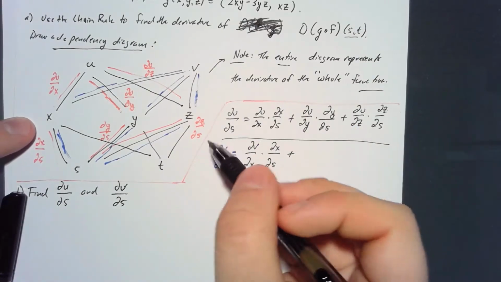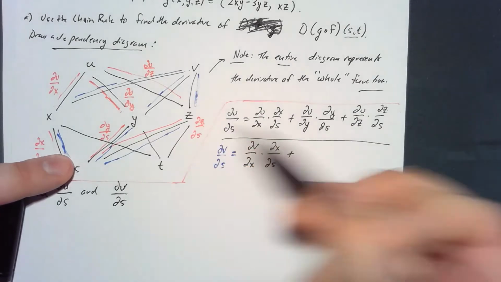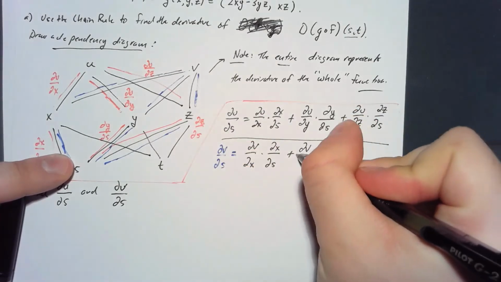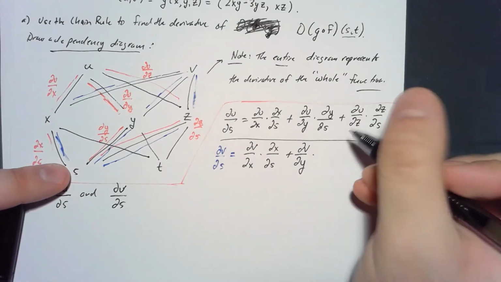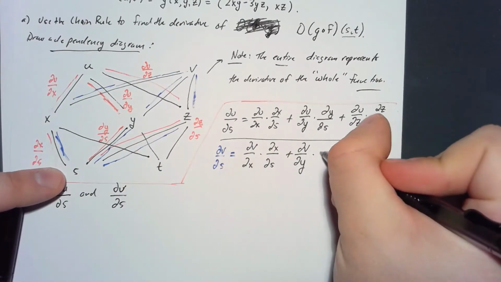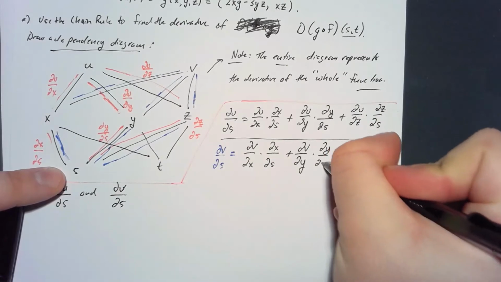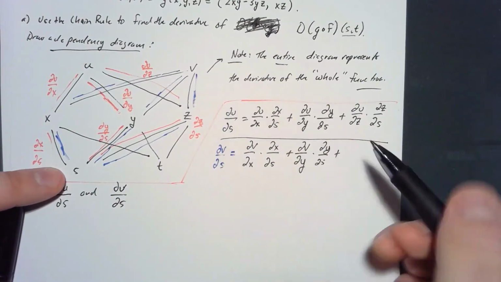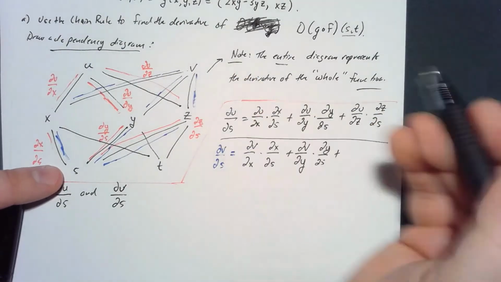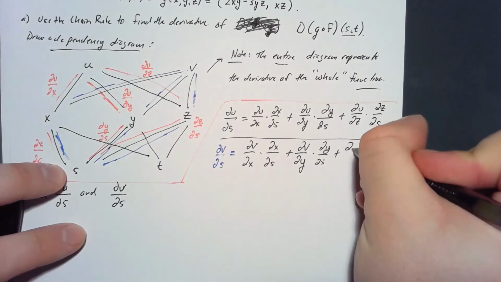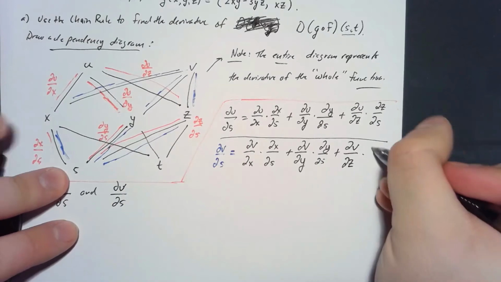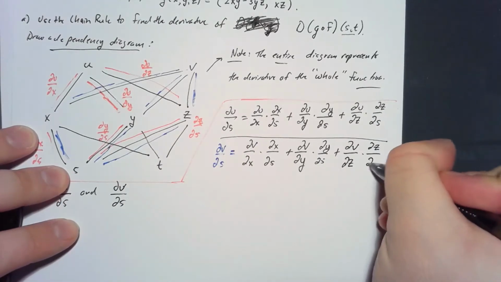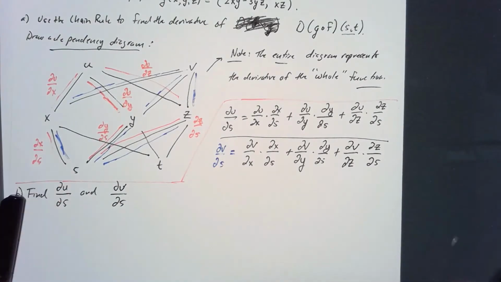Plus the second branch, dv/dy times dy/ds, plus dv/dz times dz/ds. And that's it.